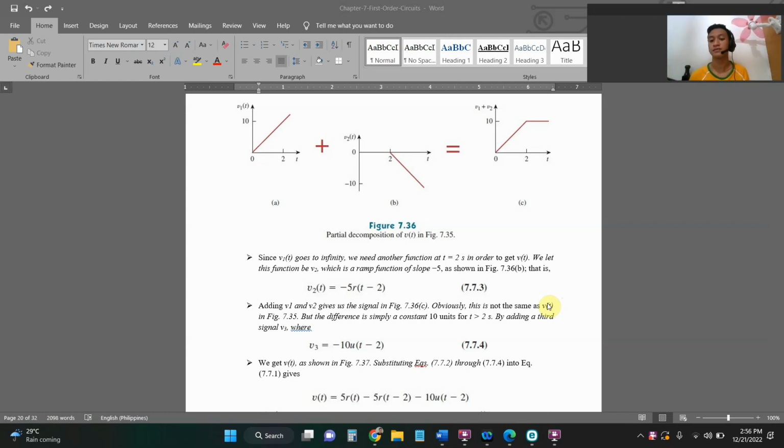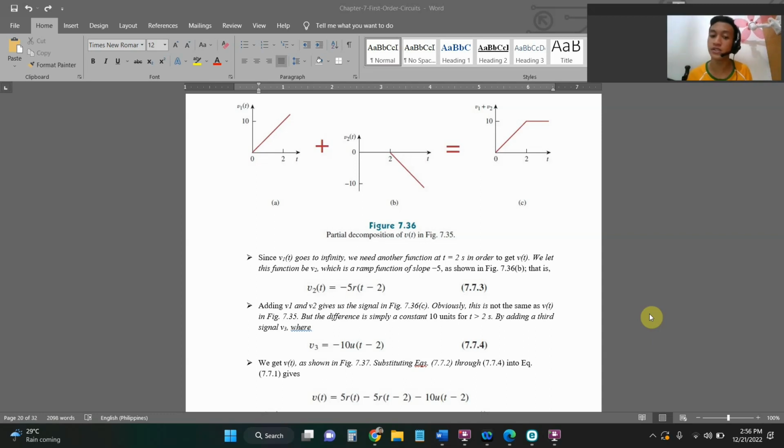Obviously, this is not the same as v(t) in figure 7.35, but the difference is simply a constant 10 units for t greater than 2 seconds. So by adding a third signal, v3, where v3 is equal to -10u(t-2), you can get v(t) as shown in figure 7.37.